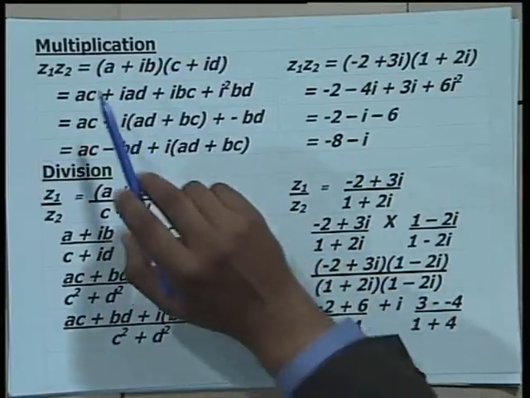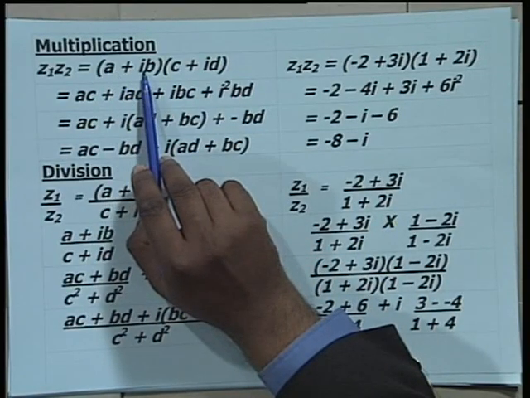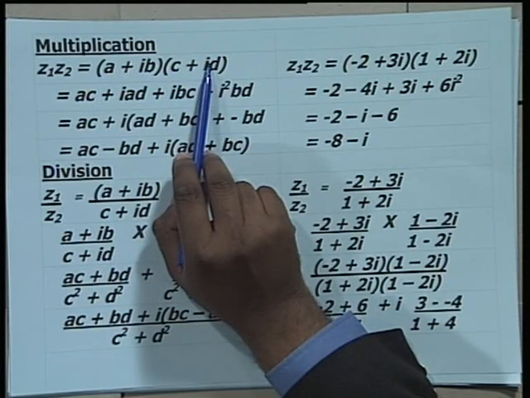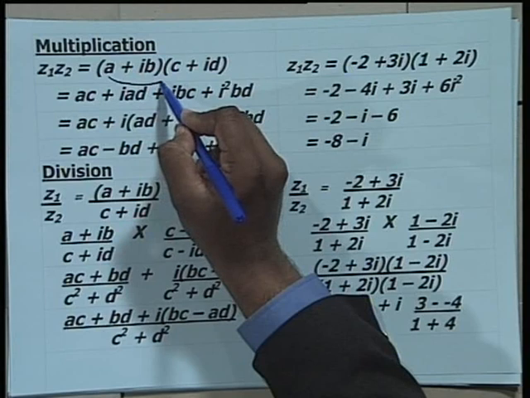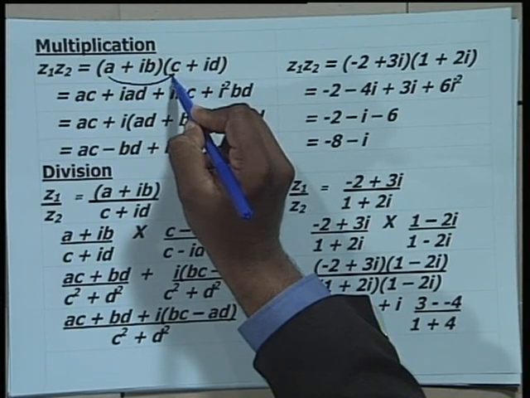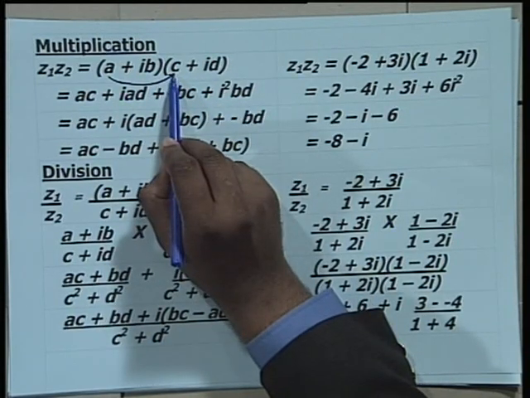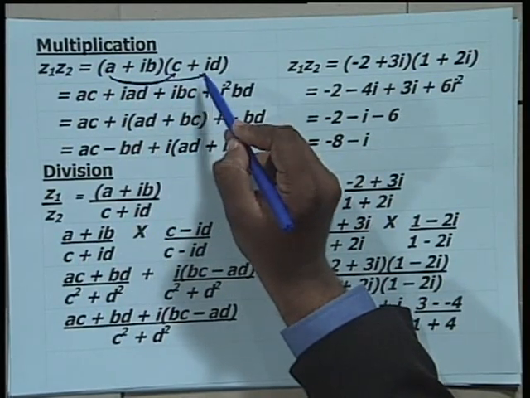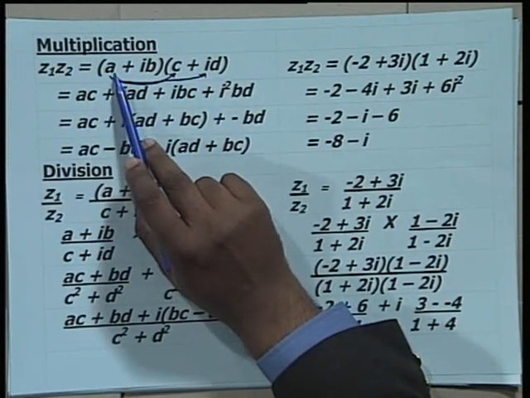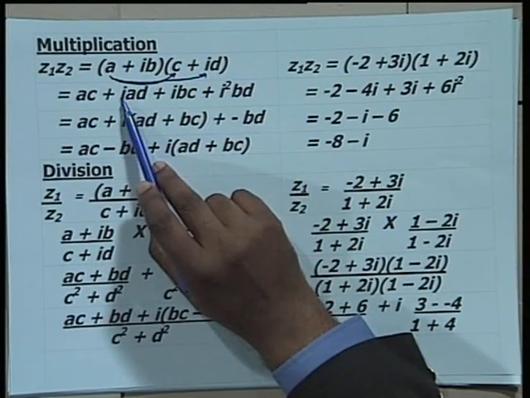Let's see how to multiply two complex numbers. Suppose I have to multiply a plus ib and c plus id. To multiply, we proceed as if we are multiplying the elements of the two brackets. A times c gives ac. A times id gives i ad.